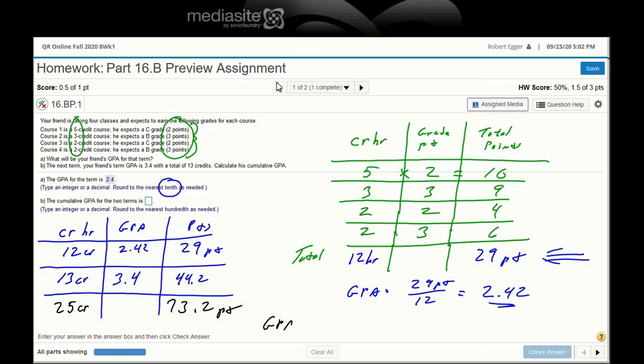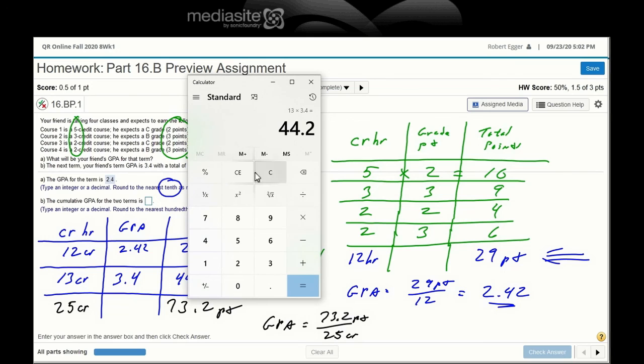So my cumulative GPA should be 73.2 points over 25 credits. 73.2 divided by 25 for 2.928 GPA between the 2 semesters.